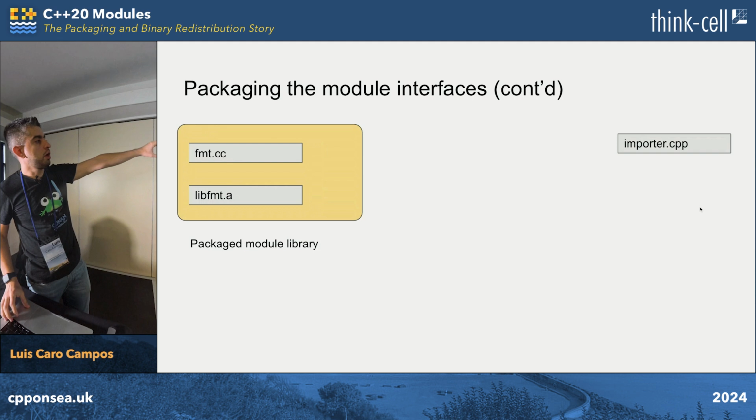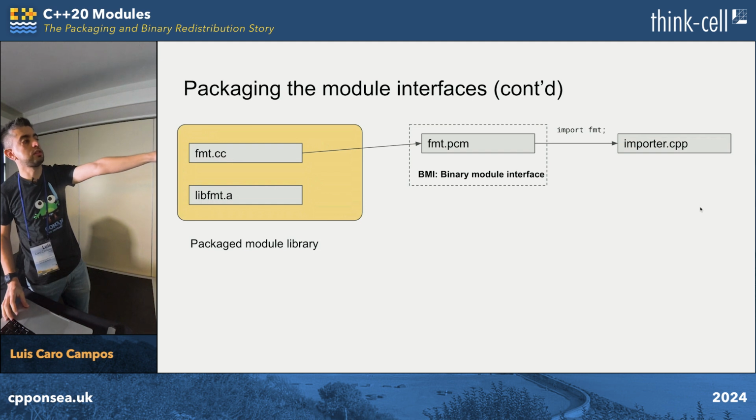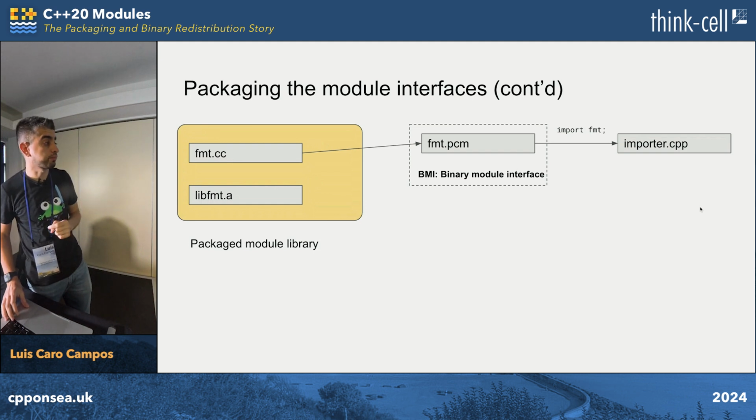So just let me show you an example. This is what I'm packaging, and that's my consumer that's elsewhere. Like I said, I packaged these two files and the CMake metadata. On the consumer side, the compiler will be invoked to generate the BMI for FMT before the compiler is invoked to translate importer.cpp.